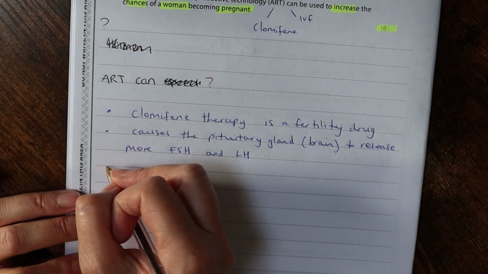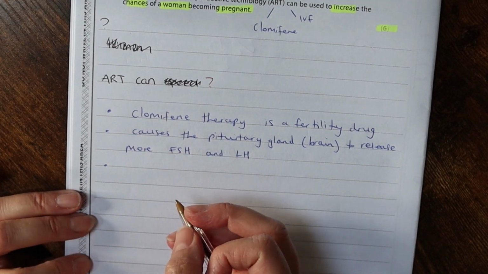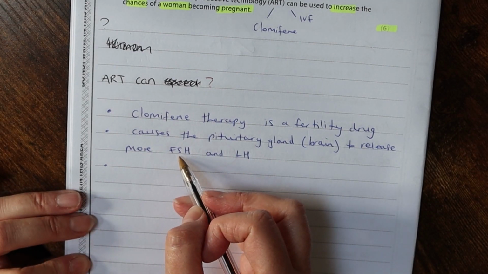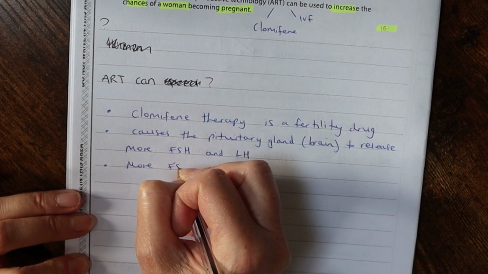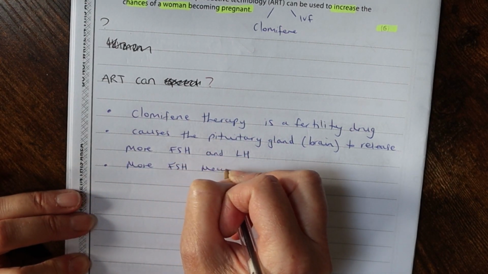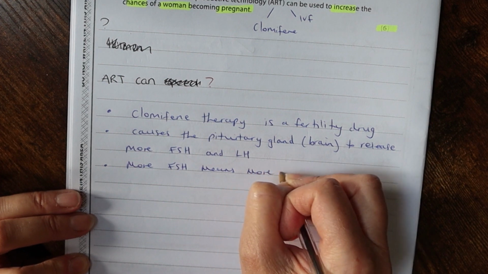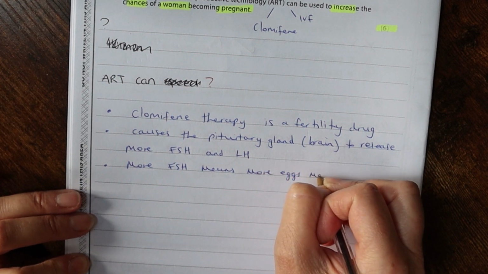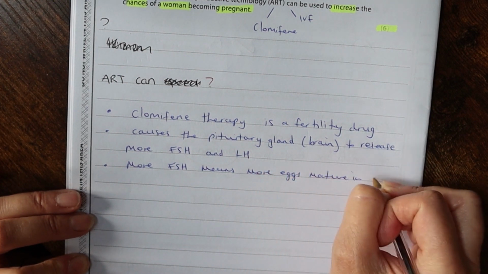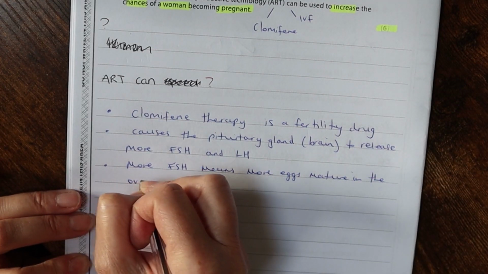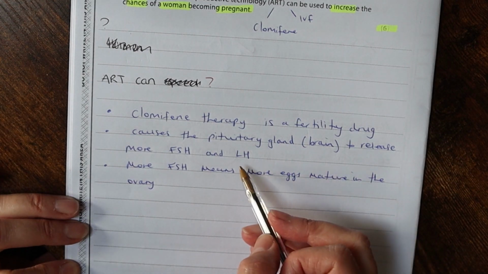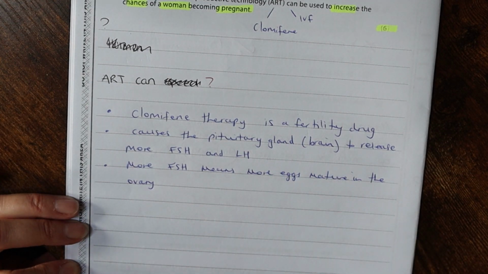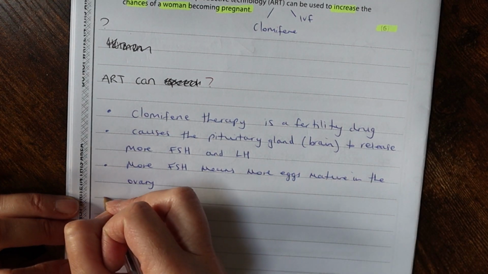And then we need to say what the effects of that would be. So having more FSH would mean that more eggs mature. So more FSH means more eggs mature in the ovary. And if you have more LH, then you have more chance of ovulation occurring.